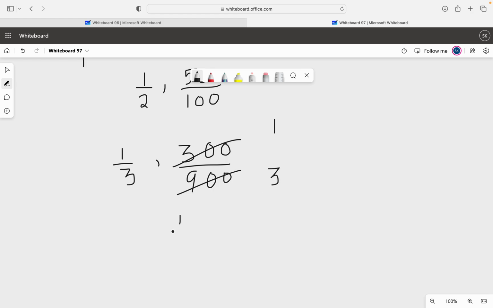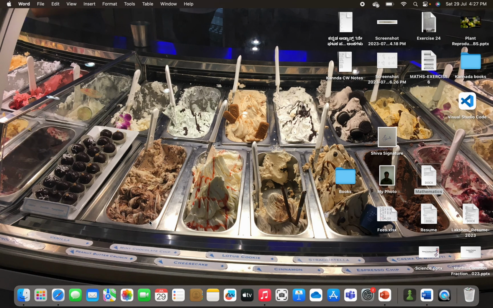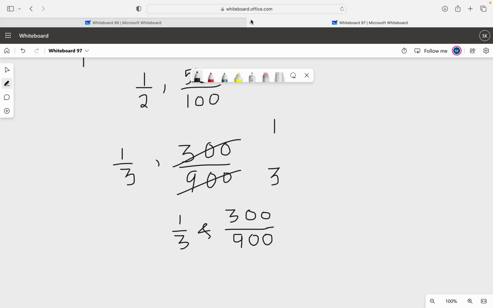So 1 by 3 and 300 by 900 are equivalent fractions. If you have any doubt, we will discuss this during our class. For now, just understand that simplifying the larger fraction to see whether it is equivalent to the smaller fraction is called equivalent fraction.